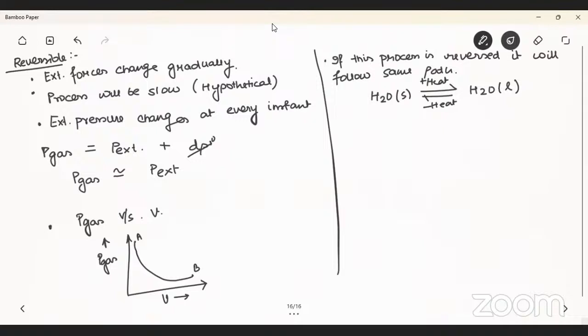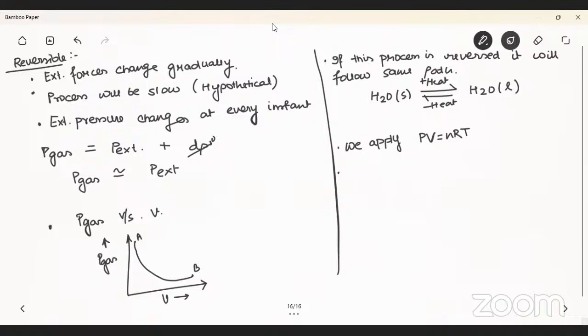Here we apply PV is equal to nRT. Now you must be wondering why ma'am is asking these formulas. In later chapters, in class 12th, you will be learning about solutions and everything. There, if you know that the process is reversible or not, then you can easily apply PV is equal to nRT.